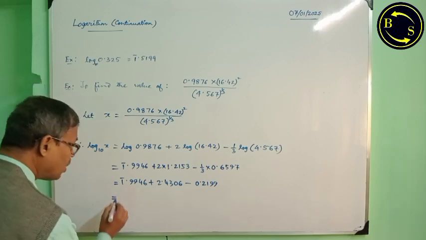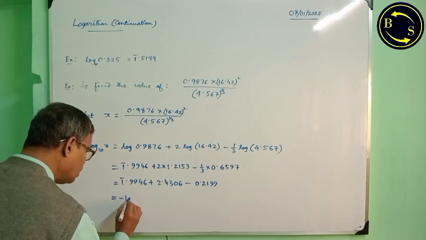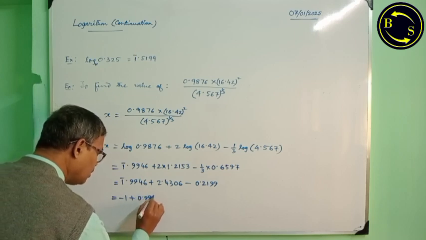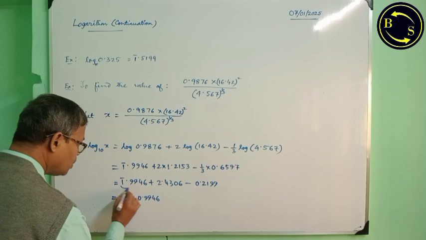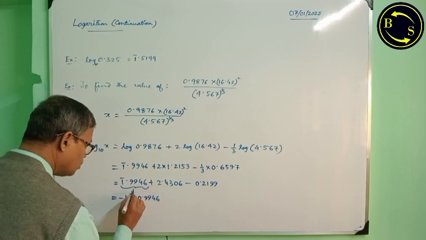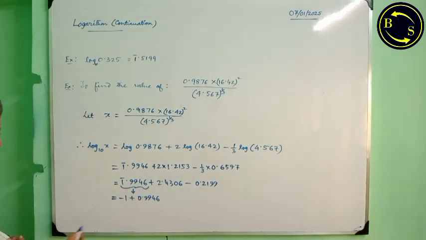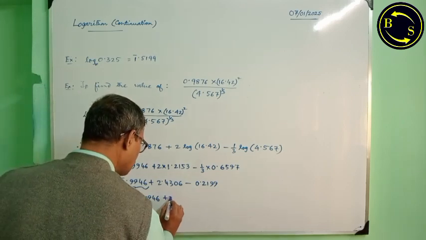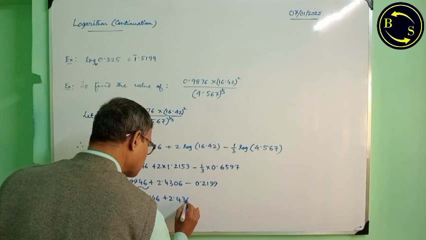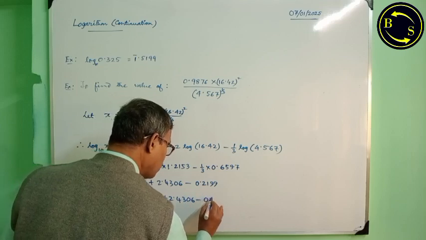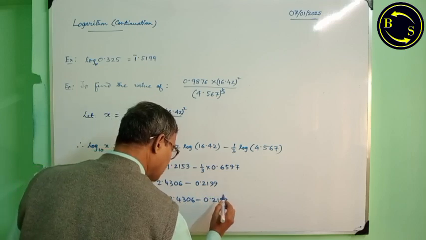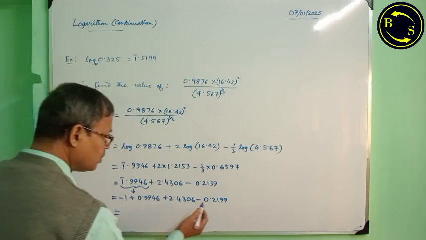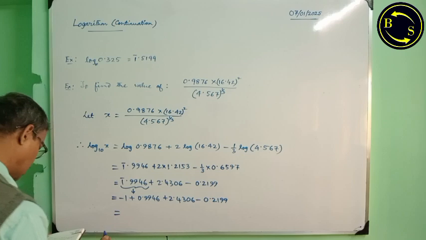Now 1 bar is there, that is minus 1 plus 0.9946. This is actually this one. Follow that. Minus 1 plus 0.9946 plus 2.4306 minus 0.2199. Now we add these two and take the difference, this one and this one.